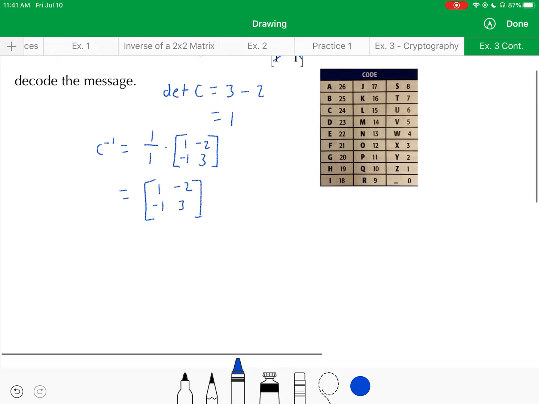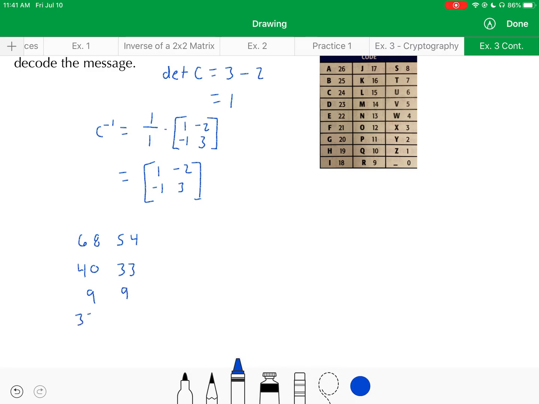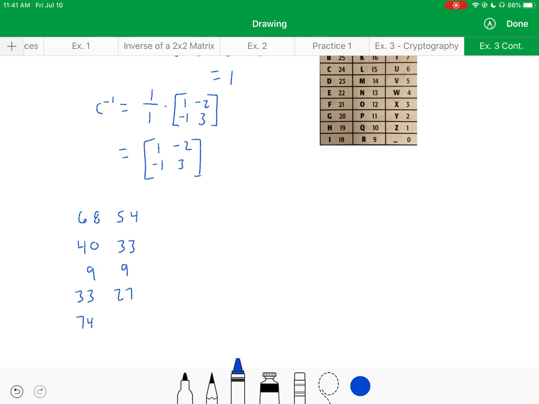So now we're going to take the encrypted matrix and multiply it by this inverse to undo the original matrix multiplication. And you would have to expect that whoever you're sending this message to would know what that original coding matrix was so that they could find the inverse in order to decode the message, okay?